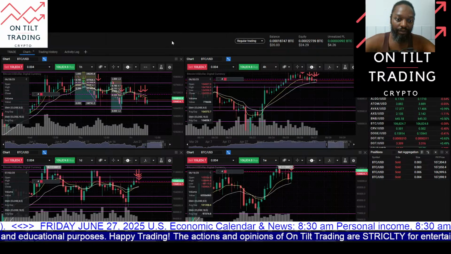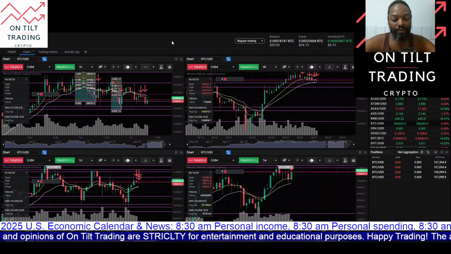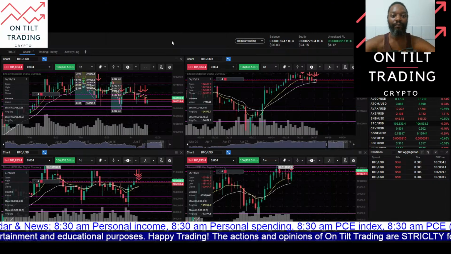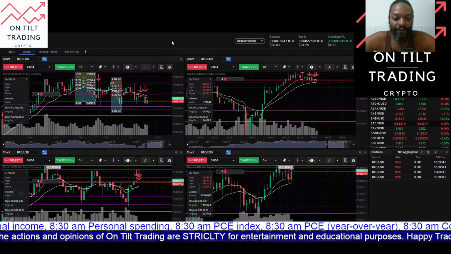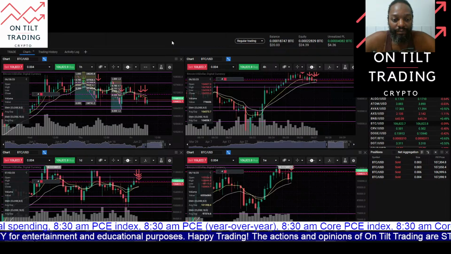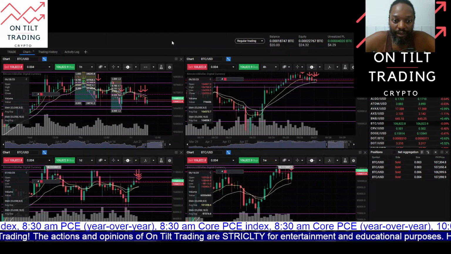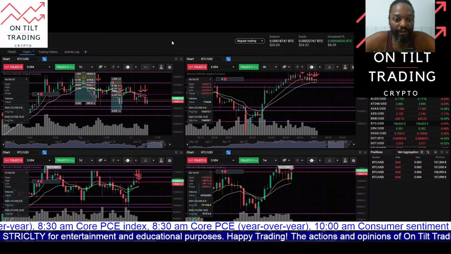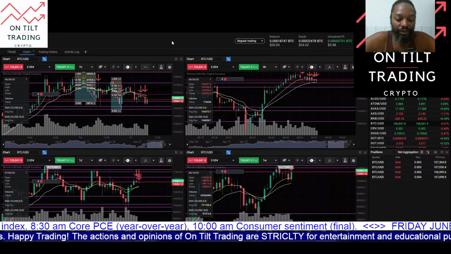Price consolidating around 106,820. Price still consolidating, so it doesn't appear that here at the opening few minutes, it doesn't seem that Bitcoin is able to choose a direction.